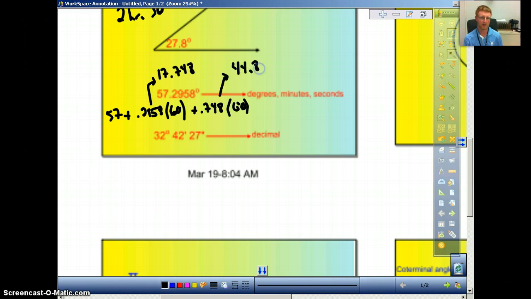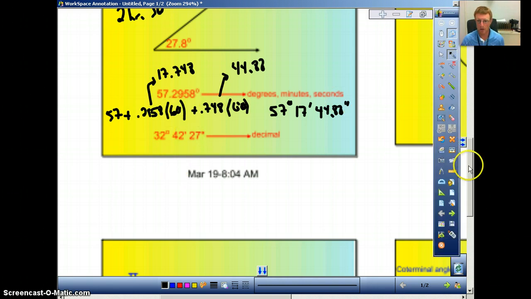And now you can leave it as a decimal. Seconds can always be decimals. So our answer then is 57 degrees, 17 minutes, 44.88 seconds.